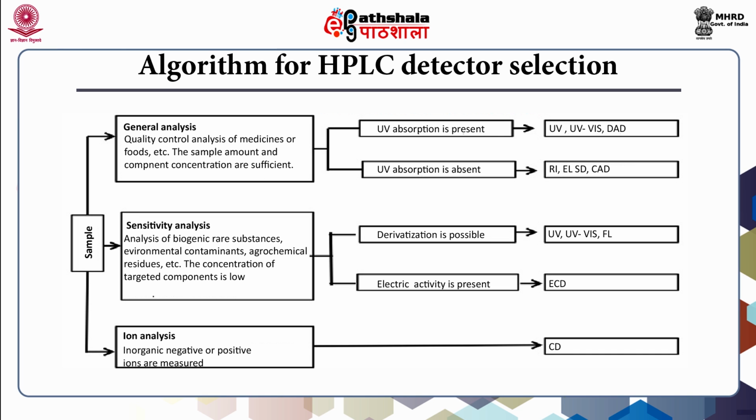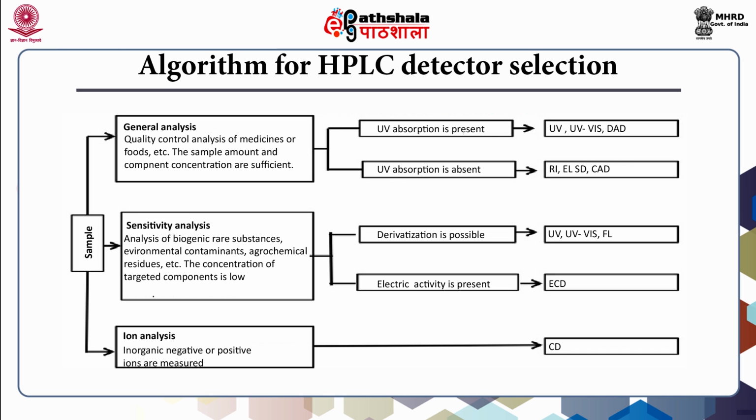Suppose we need to analyze rare biogenic substances like environmental contaminants, agrochemical residues, etc., and the concentration of which is very low. In that case we have two options. One is either UV, UV visible, or fluorescent detectors if there is a possibility of derivatization for those compounds.